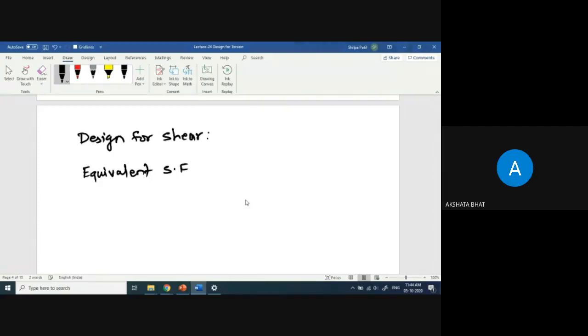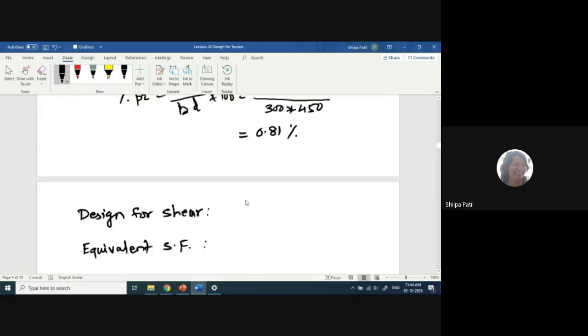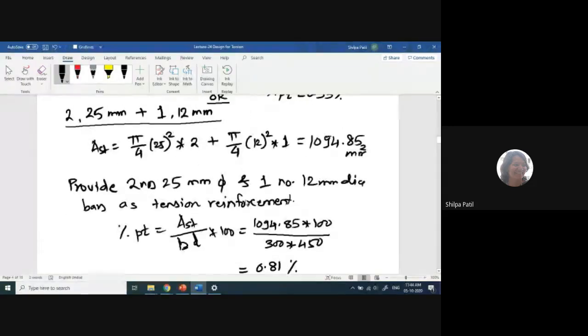Ma'am, checking for width we don't have to do for this problem. Actually, we have to check it at the end, because for the last step, the design of shear, we have to calculate the spacing, and there we need to calculate the spacing between the bars while considering the check for spacing.